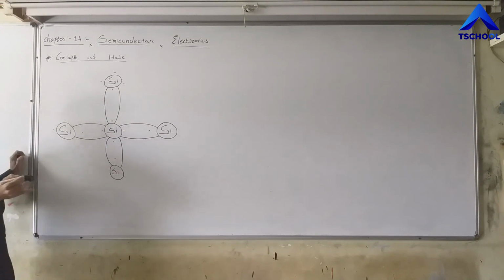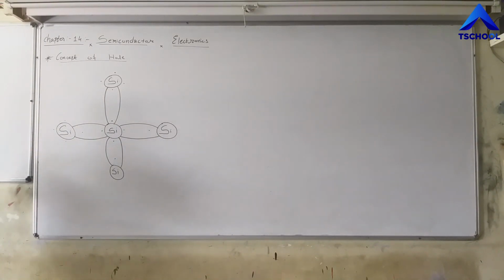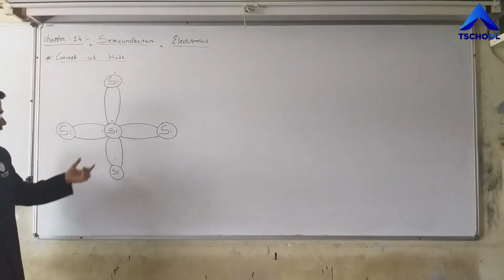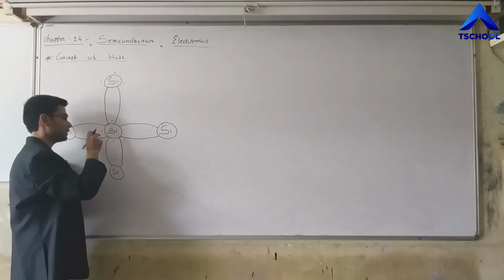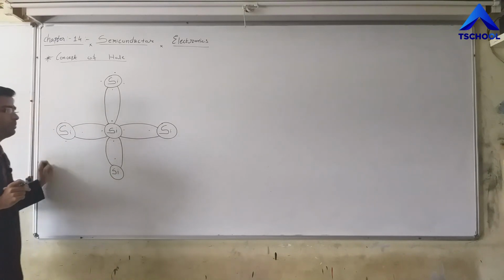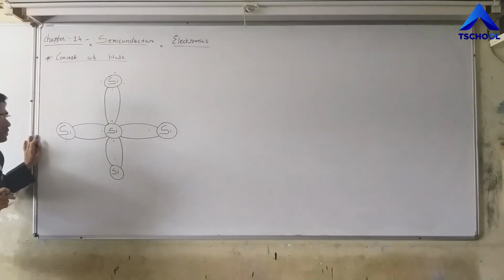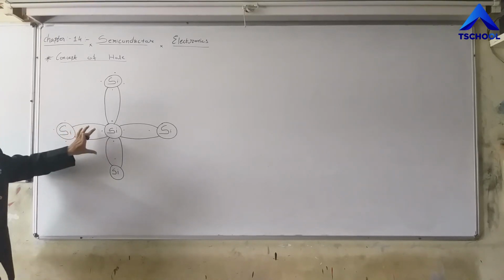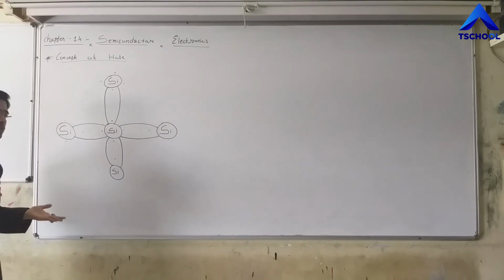Now, the concept of holes. What happens to silicon at room temperature? Room temperature means, for example, 25 degrees Celsius. What happens when we increase the temperature from absolute 0 Kelvin?